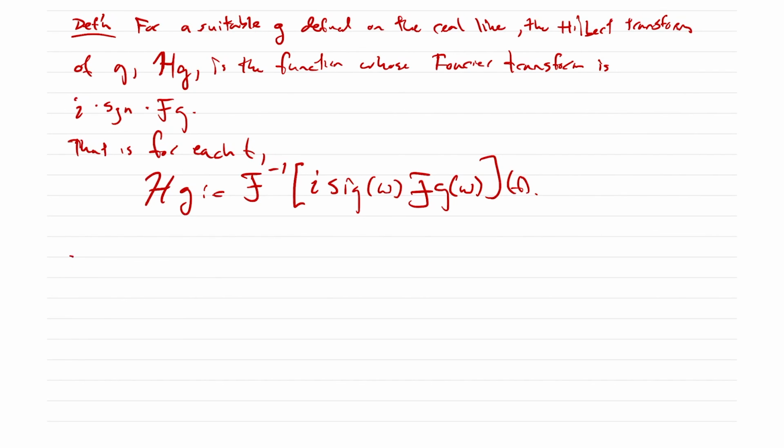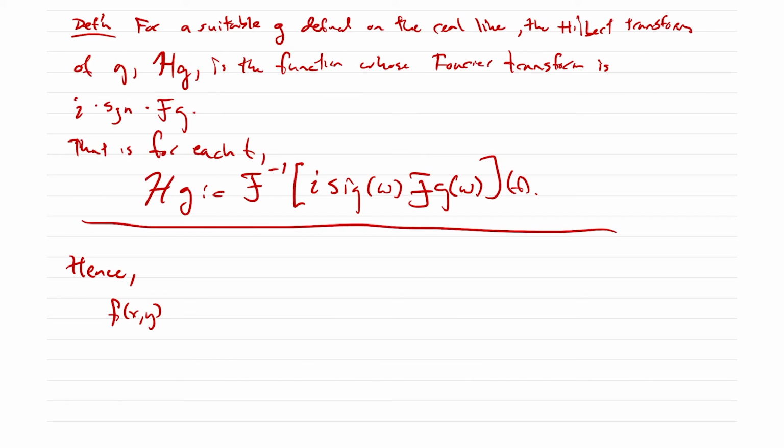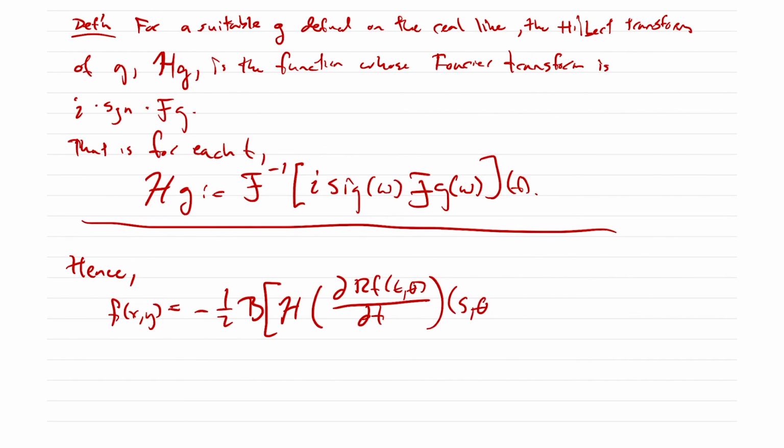And hence we have f of xy, which is equal to minus 1/2 of the back projection of H applied to the partial derivative of the Radon transform of f at t theta dt, via s comma theta, at xy.